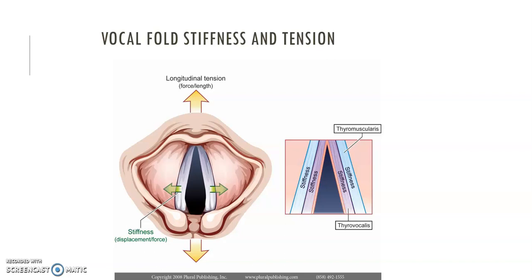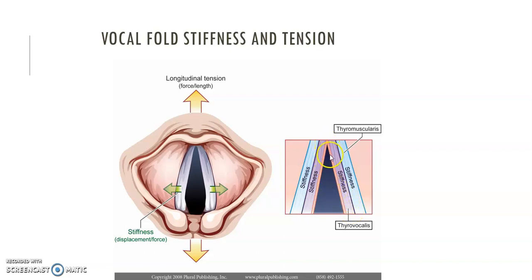and lengthening the string. What I also want to draw attention to is that we have the anatomical drawing there, and then we have the schematic view. Remember, the thyromuscularis is in the lateral portion, and then the medial would be the thyrovocalis.